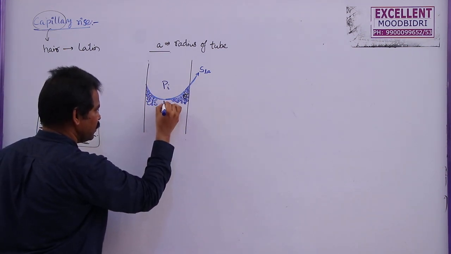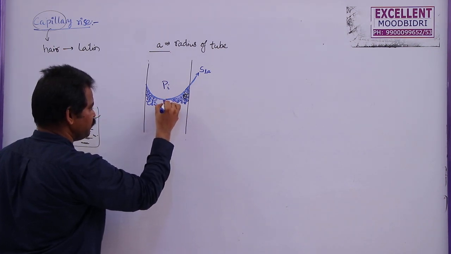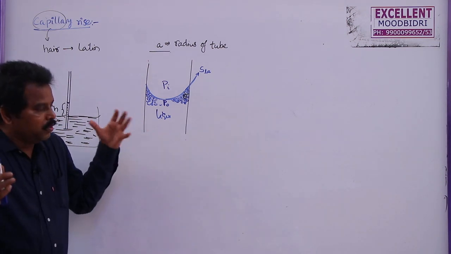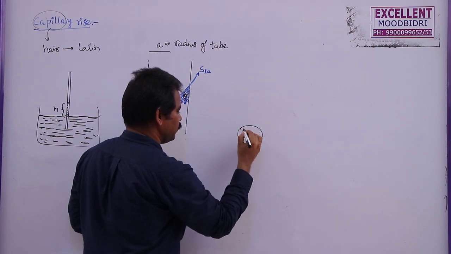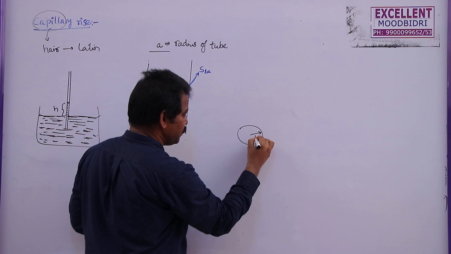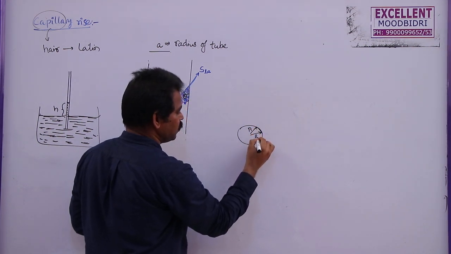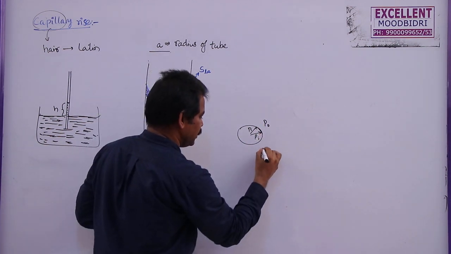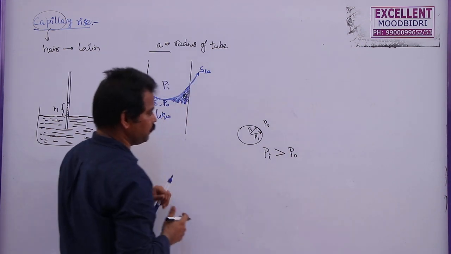I am taking pressure due to the liquid, so I will take this as P naught here. Whenever pressure is more, you can see while blowing a bubble also, it will produce this structure if pressure is acting on this surface. Where the inside pressure is more, outside pressure is less. So pressure is always more than the outer surface.